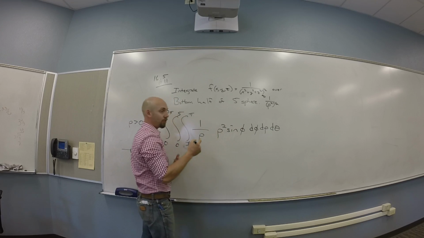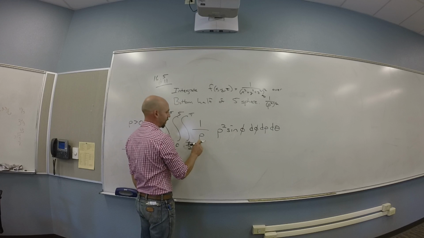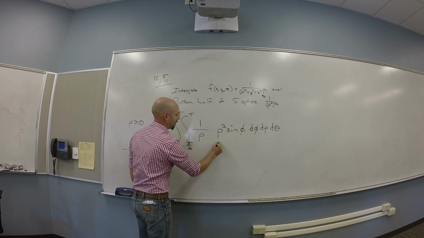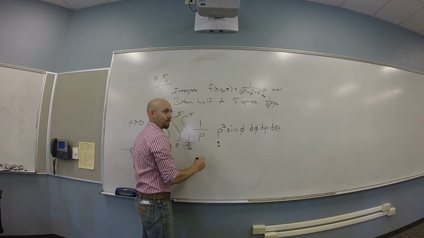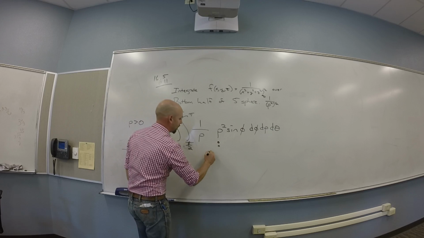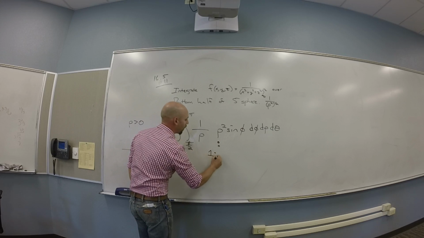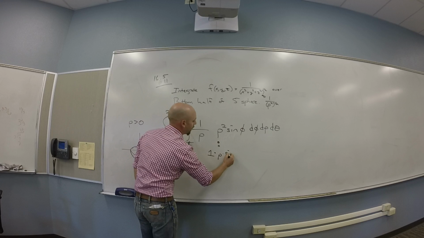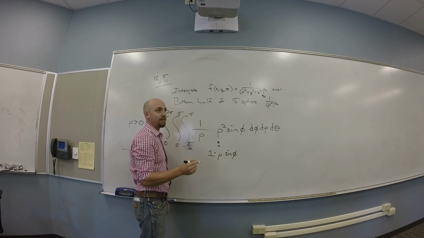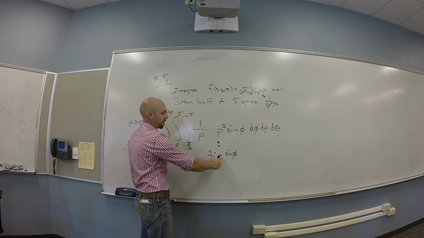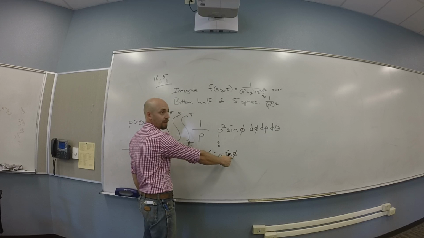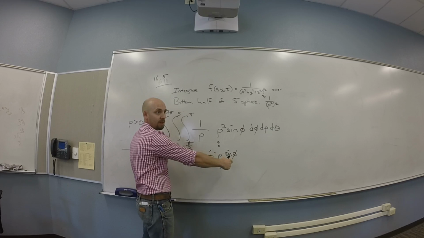So you could break this thing up into what? One cancels, so I'd be thinking this is 1 times rho times sine of phi, right? Function of theta, function of rho, function of phi.